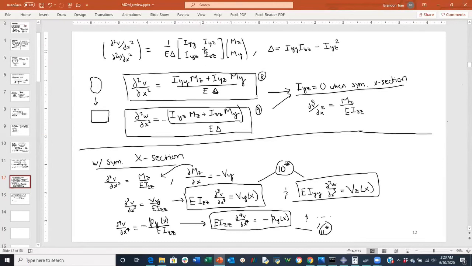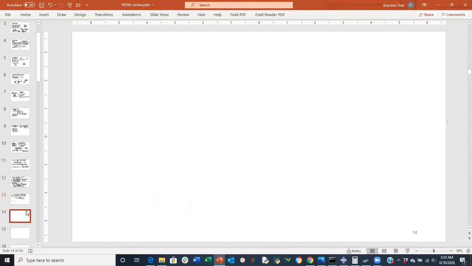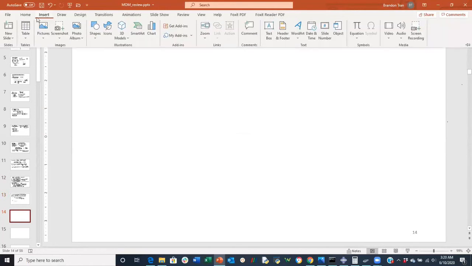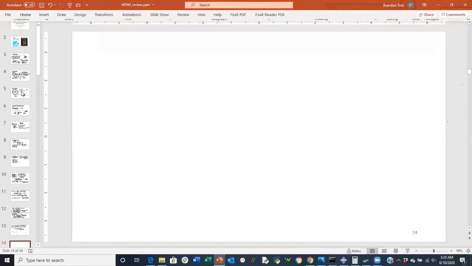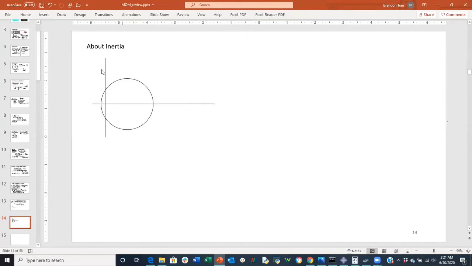So inertia has its own matrix. This inertia state matrix right here is equivalent to the stress state matrix. So inertia actually has its own principal axis, and it has its own Mohr circle. So about inertia, it has its own Mohr circle.